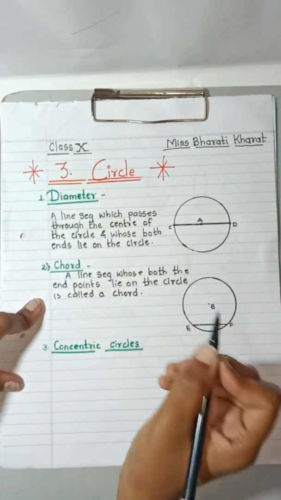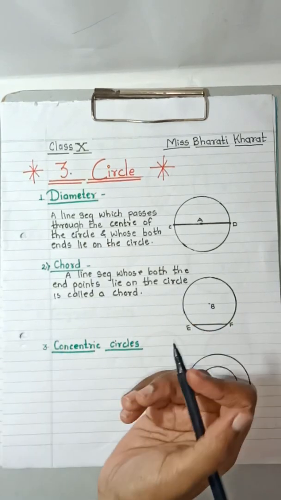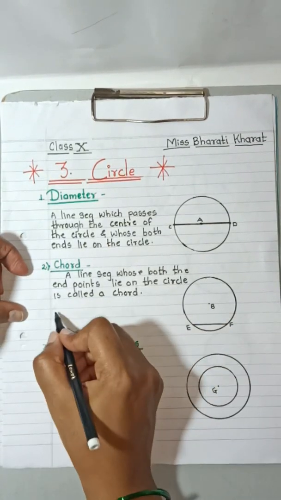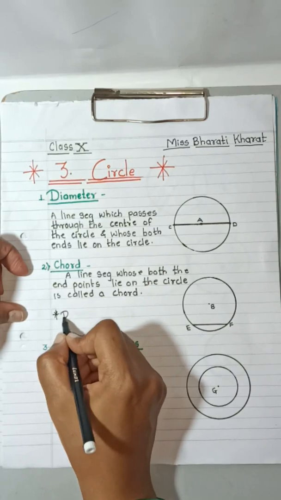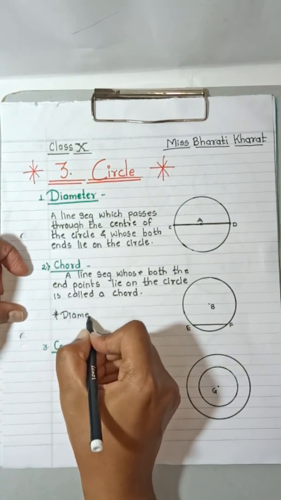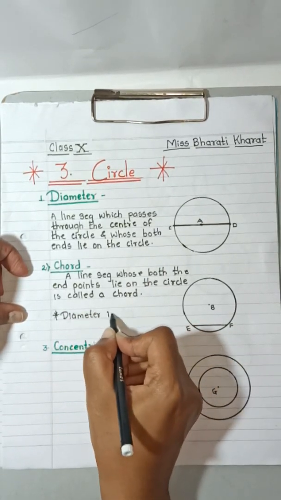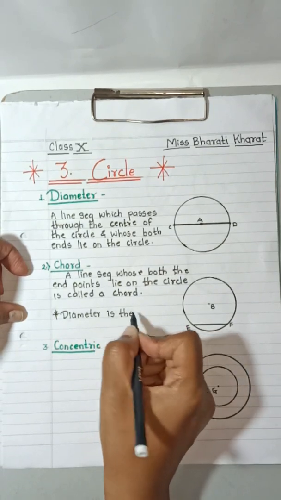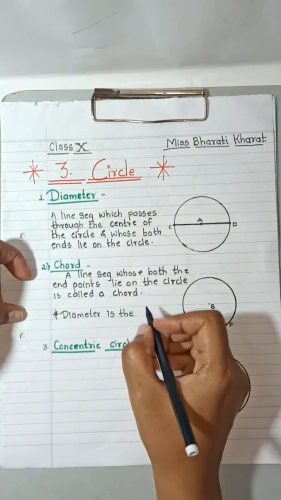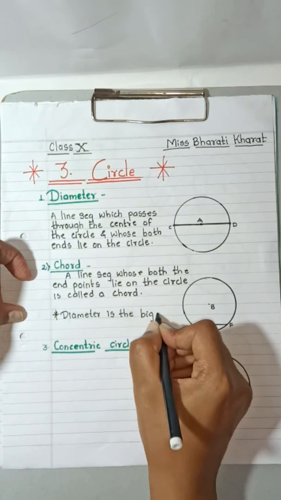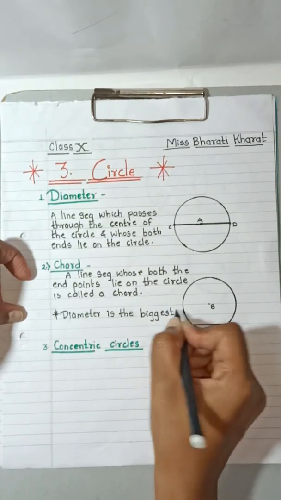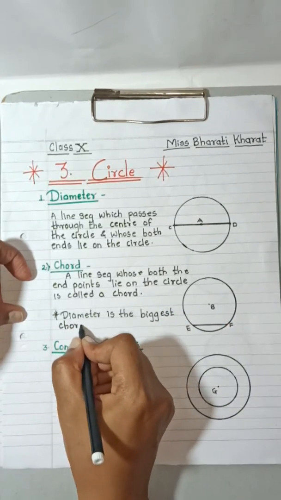It is called a chord. And you can say that diameter is the biggest chord of the circle.